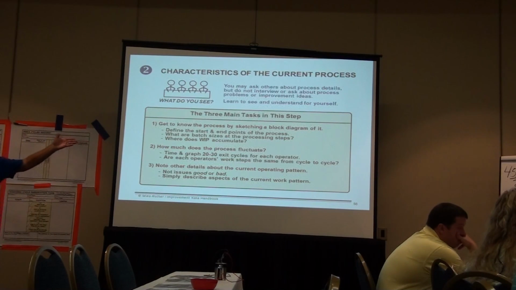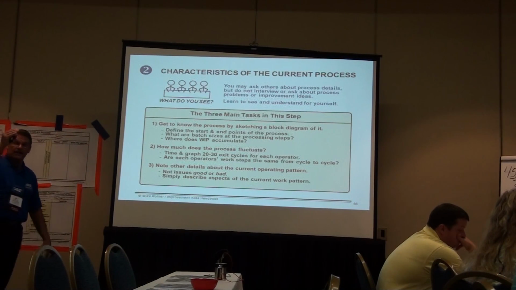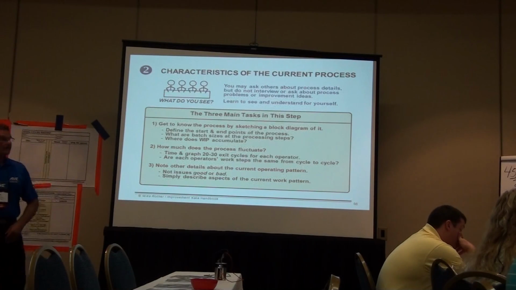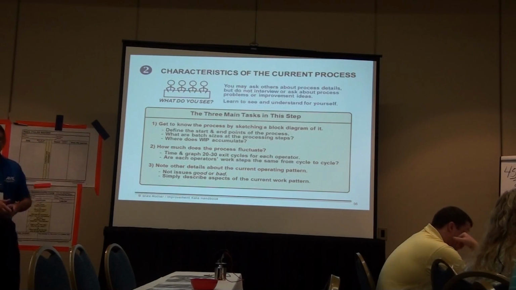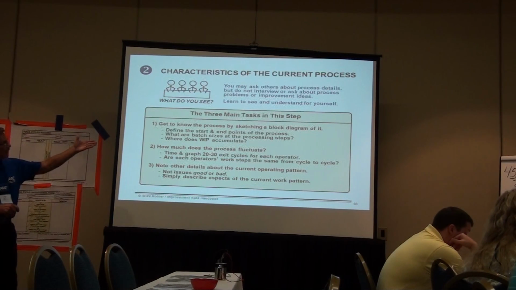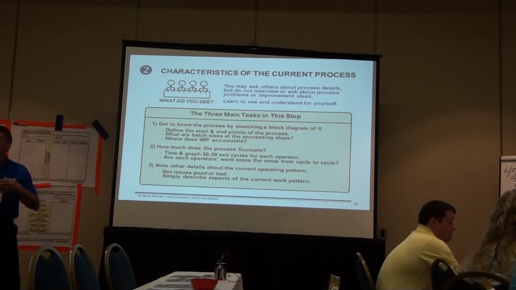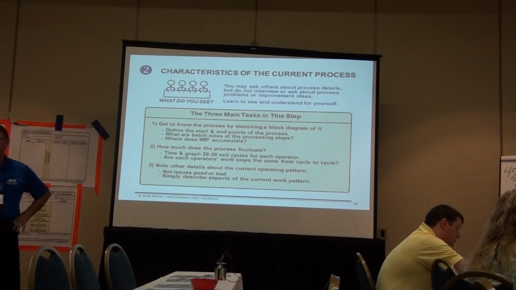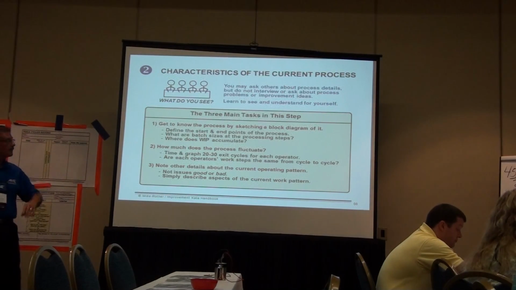To get to know the process, we define the start and end points of the process. We're going to have a beginning process where we're putting springs in the board, then we come over here and test the board. What are the batch sizes? We'll look at how many pieces build up in the WIP, how many pieces we're doing in batches, and where the WIP builds up. We'll sketch a simple block diagram, nothing fancy, just a starting point.